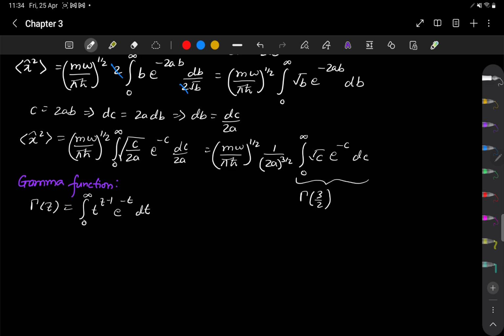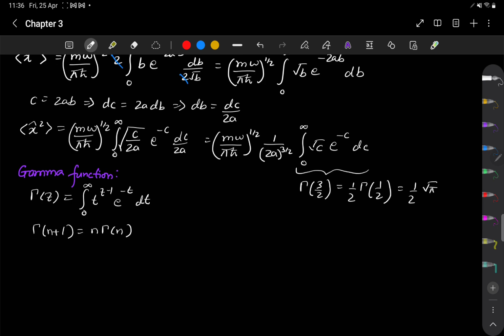Now another property of gamma functions is that gamma of n plus 1 is equal to n gamma n. So in this case, gamma 3/2 is gamma of 1 plus half, so this is half gamma half. Now gamma half is nothing but root pi. So this is half root pi.